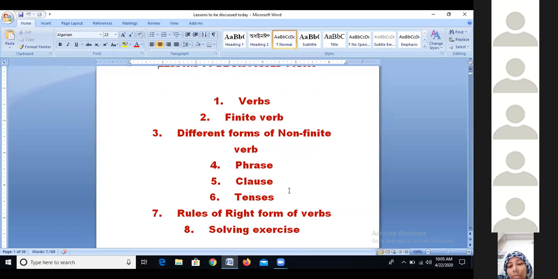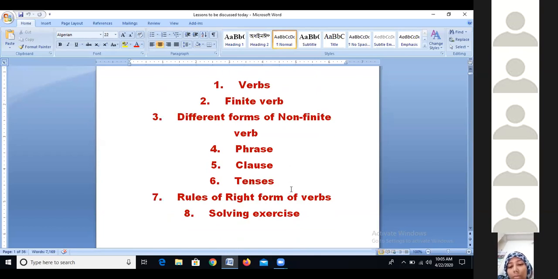And then we will come to the rules of right form of verbs. After learning some rules, we will have a test whether we have learned all the things that I have discussed or not. For that reason, I will give you some exercises and we will practice.